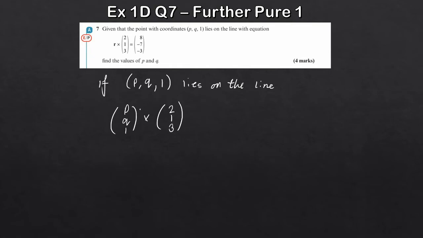This is our R. This is just a position on the line. So this should be equal to 8, minus 7, minus 3.